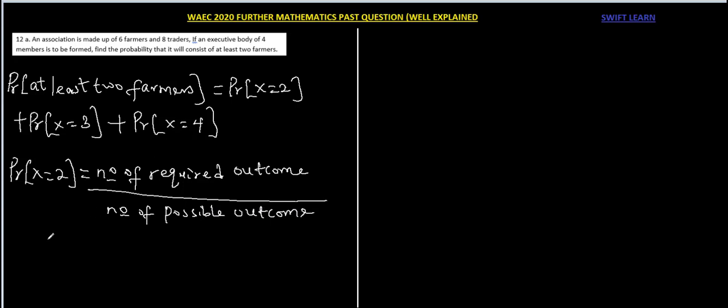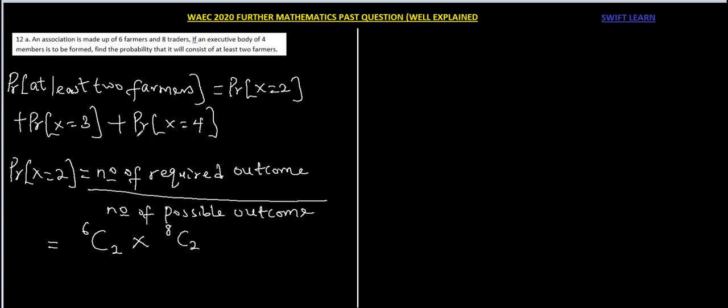So now, what is the required outcome? The required outcome is that we want to form a 4-member group, but we must have 2 farmers. So that will be 6 combination 2, multiplied by the 8 traders left. If we form 2 farmers for the executive body, the remaining will go to the traders. That will be 8 combination 2.